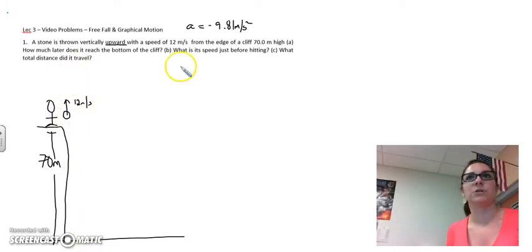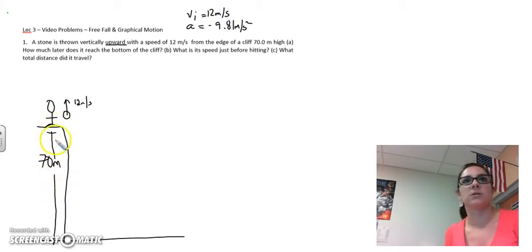Because we have two directions, we must include this negative sign to ensure that gravity is acting downward, which it is in this case. So that's our additional information. From the problem, we technically have an initial velocity of 12 meters per second. And we have a distance here, so I may or may not use it depending on what we're looking for. But the first part of the question says, how much later does it reach the bottom of the cliff?